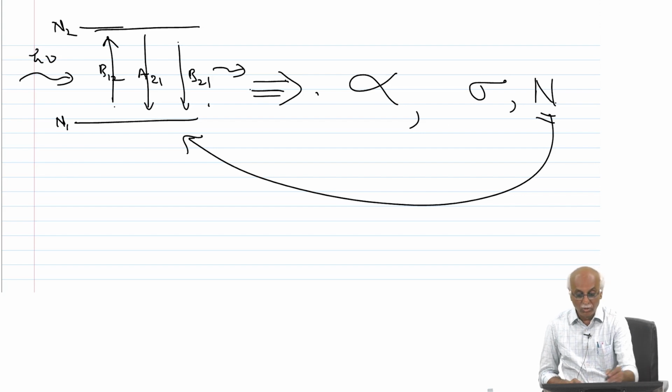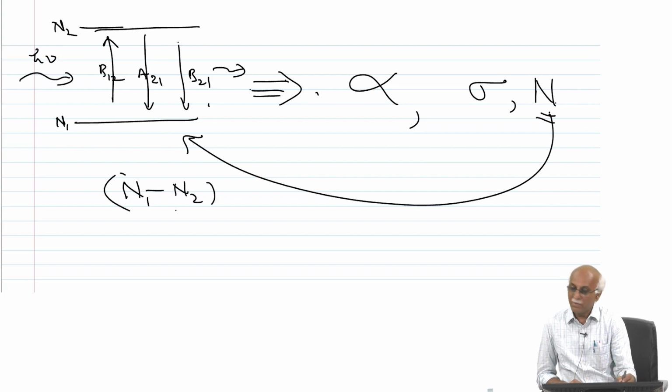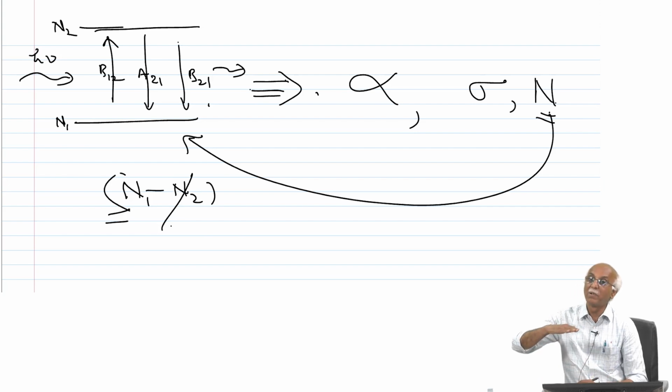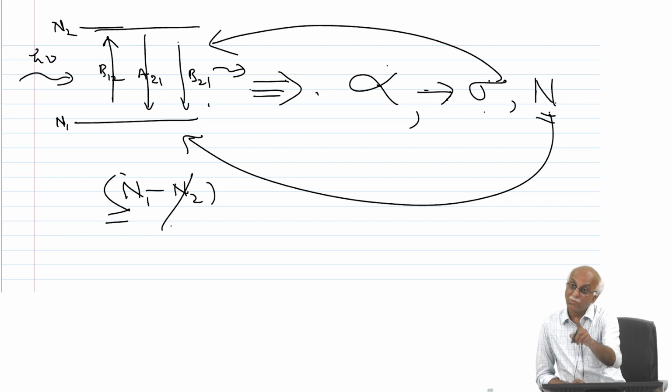So, although n is actually N1 minus N2, we neglect N2 and just consider the ground level population, the ground level number of atoms or molecules. So alpha is related to sigma and n: sigma is derived from this part, alpha is based on our previous electromagnetic waveform, and n is the number of such ground level atoms.